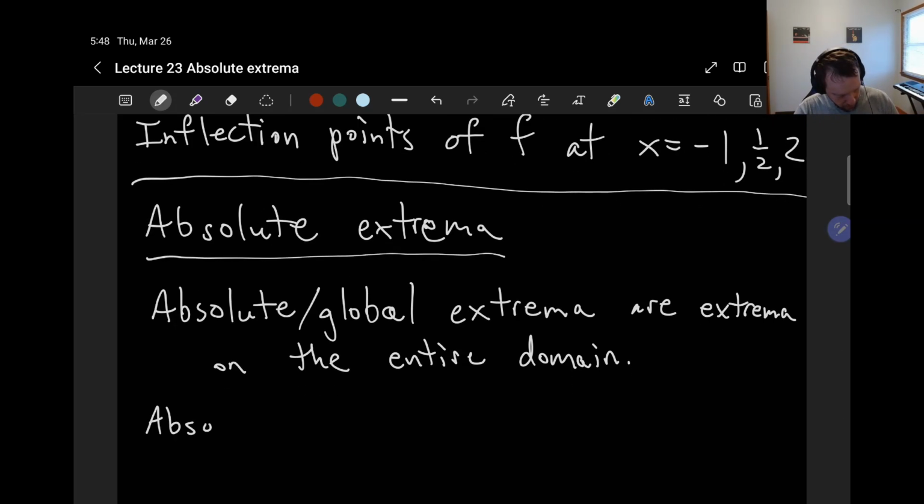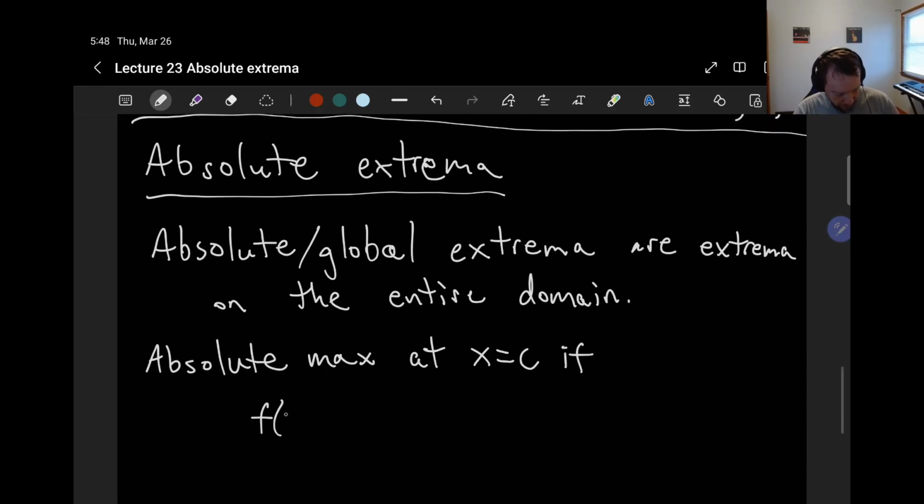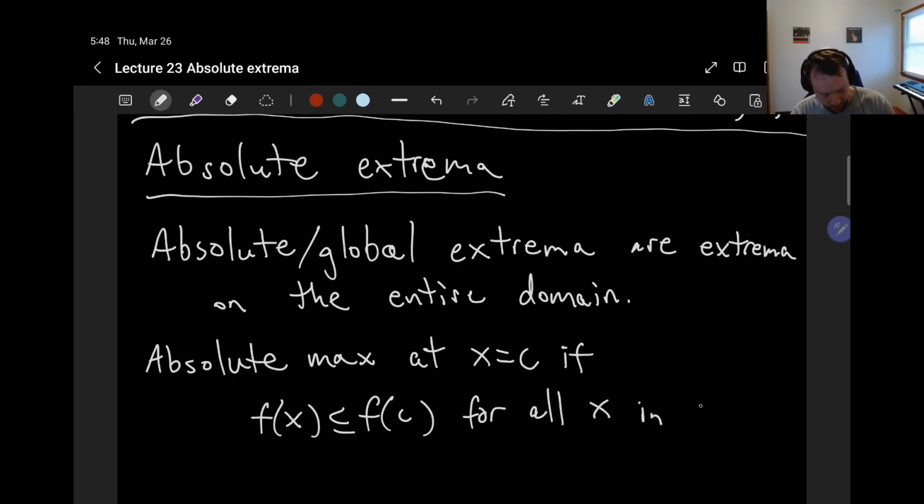In particular, an absolute max at x equals c, we have that if f of x is less than or equal to f of c, so this is like a higher y value, for all x in the domain of f.